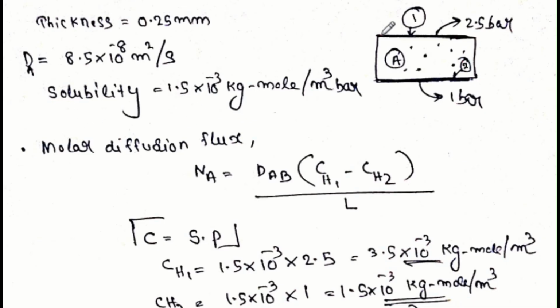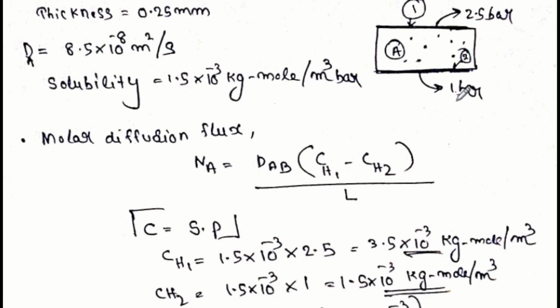And this is a simple drawing of how this membrane looks, how hydrogen gas diffuses into this plastic membrane, and the two parts of the membrane are maintained at two different pressures. One end is 2.5 bar, another end is 1 bar. So we need to find the molar diffusion flux and mass diffusion flux.